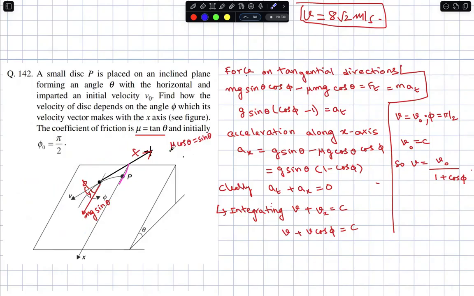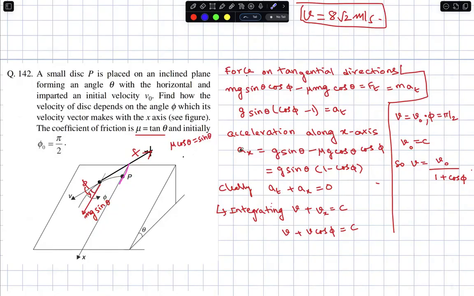Minus friction, or you are moving, mu N, mu mg cos theta. That is the tangential force, which I will write as m a_t. So a_t is g sin theta times cos phi minus 1. Keep that. Now we will try to understand what is happening along the x-axis. Along the x-axis, forces are mg sin theta minus the friction component, mu mg cos theta cos phi.